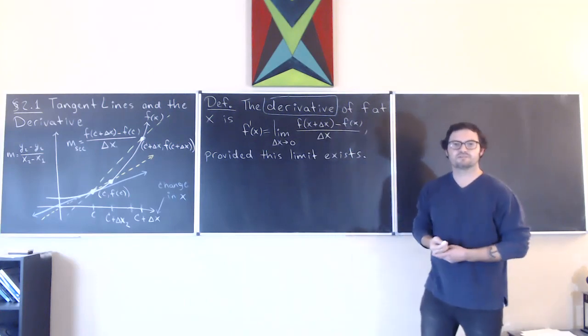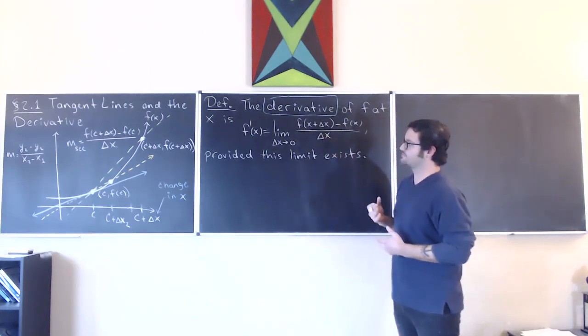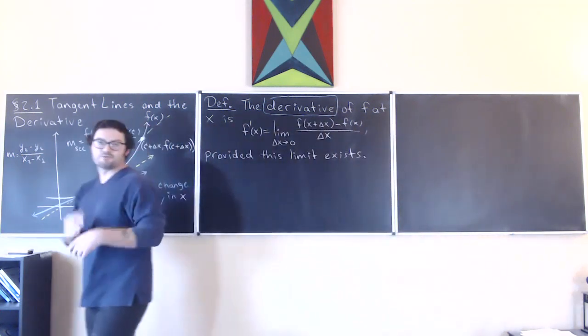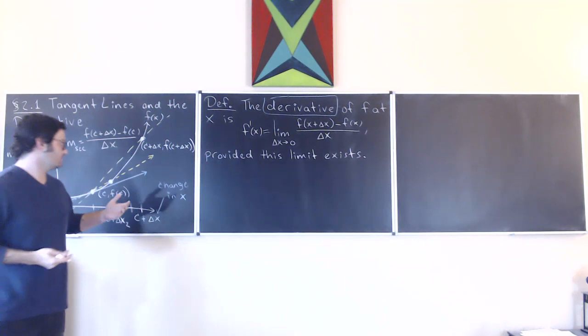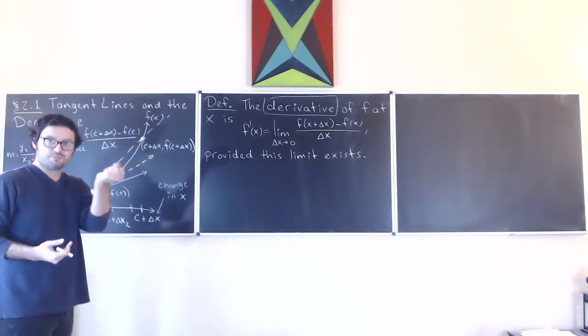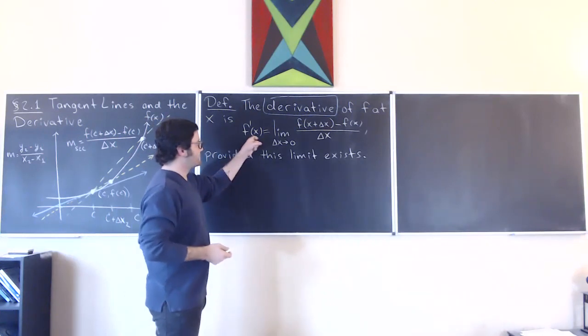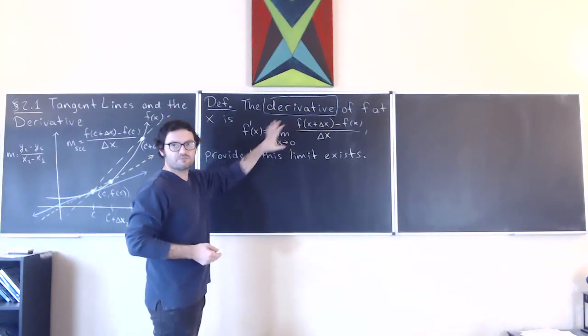So if this limit exists, we call this limit's value the derivative at the point x. Because remember, the slope of the tangent line is a numerical value, it's a number, right? So if it's a number, then this is a numerical value.